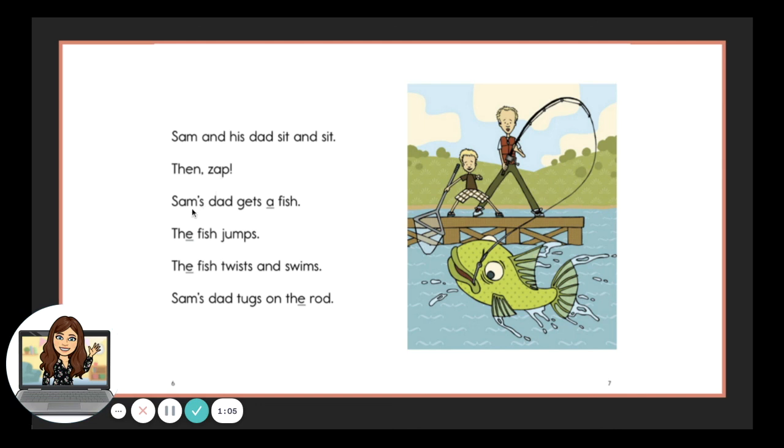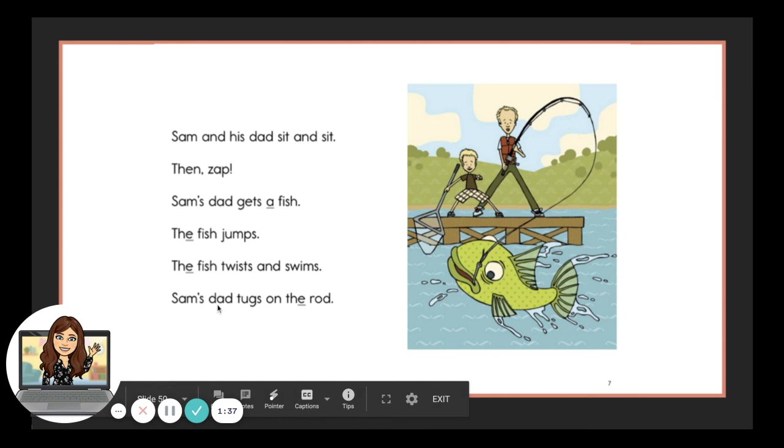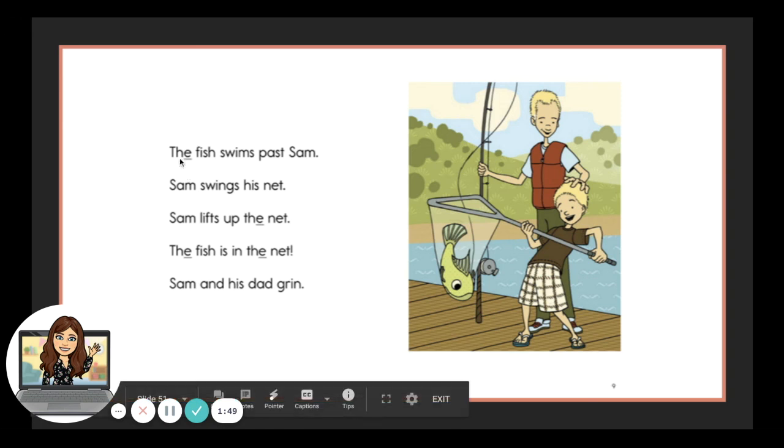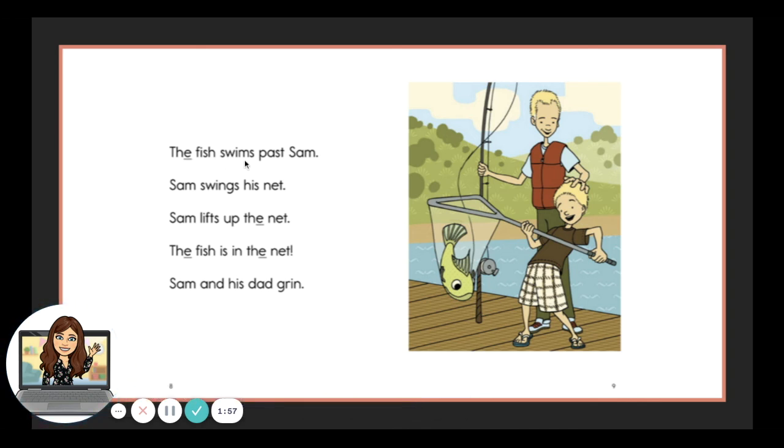Then zap. Sam's dad gets a fish. One of the tricky words, the. The fish jumps. The fish twists and swims. Sam's dad tugs on the rod. The fish swims past Sam, period. So, end of sentence.